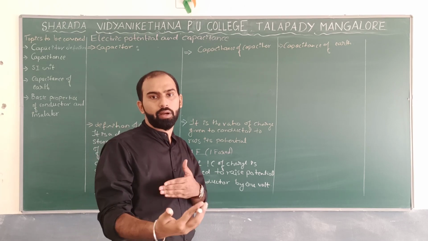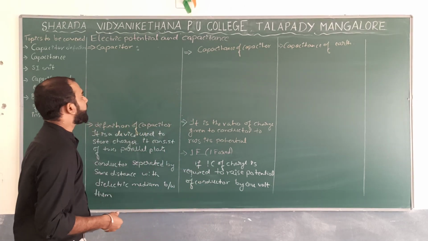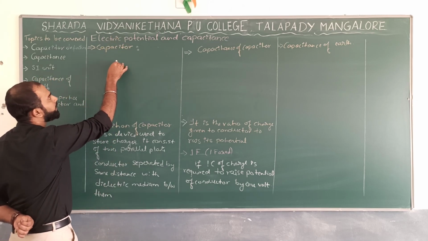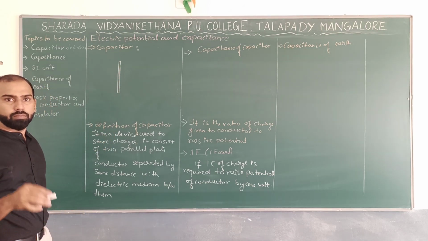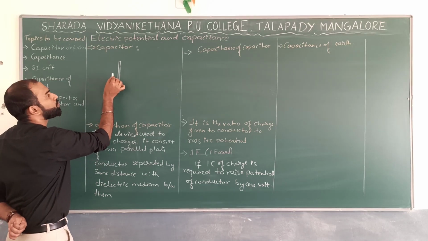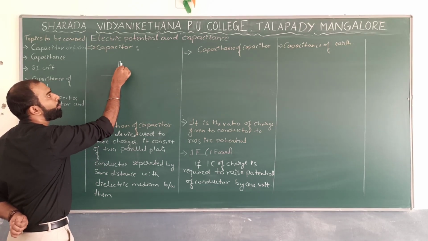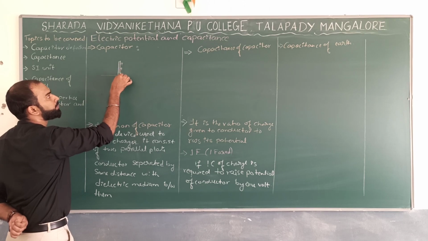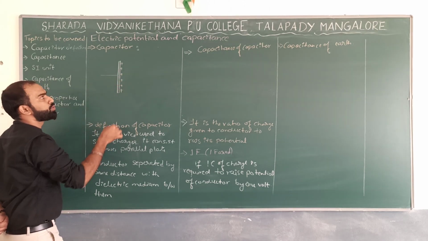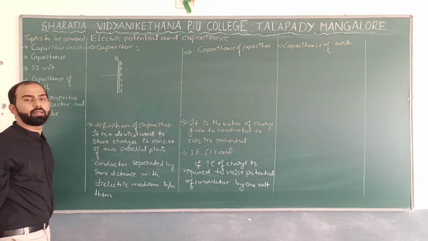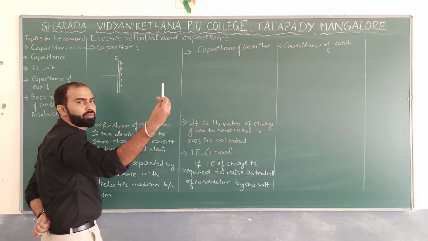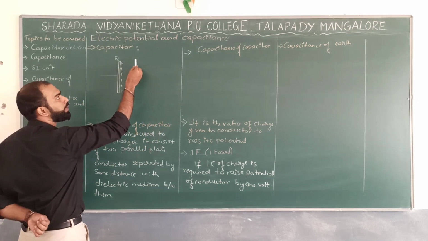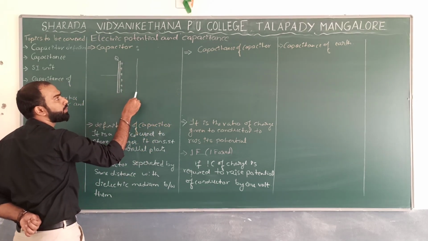And how is it constructed? Now, if I take one conductor somewhat like this, and give positive charge Q to it, then bring a neutral, uncharged conductor and keep it nearby, what happens?